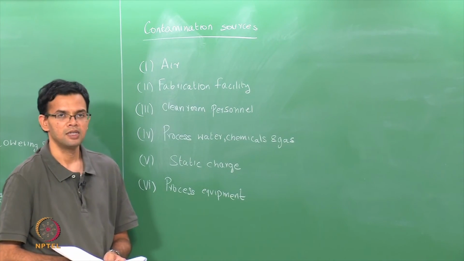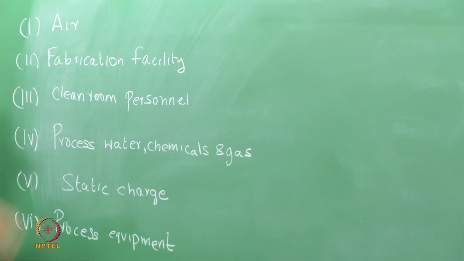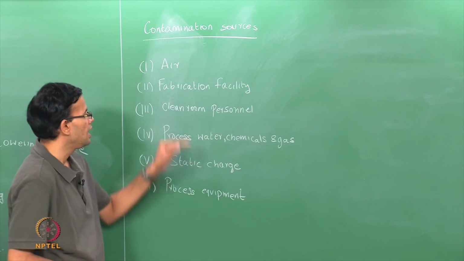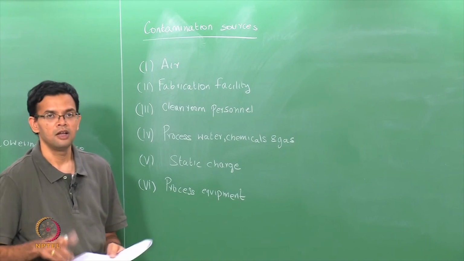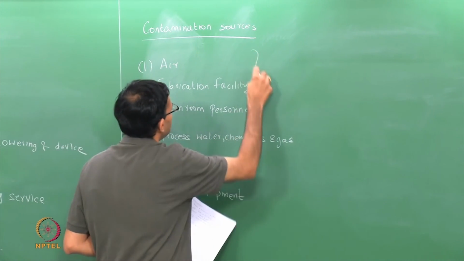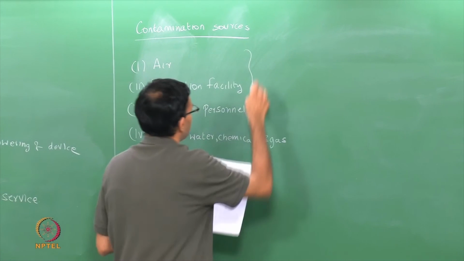So to minimize the contamination due to the first three, which is the fab air or the fab atmosphere, the fabrication facility and the clean room personnel, we essentially go for a clean room for semiconductor manufacturing.